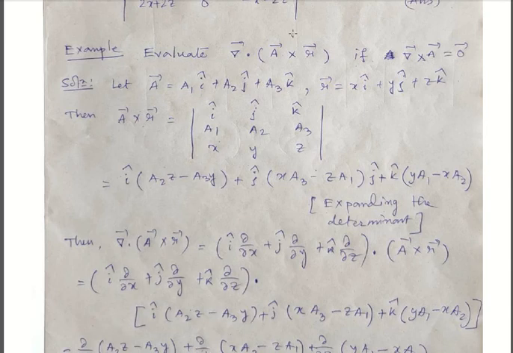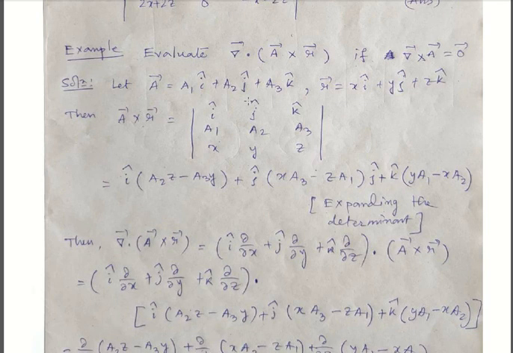And R is any arbitrary vector. We know any arbitrary point vector can be written like this: x i plus y j plus z k. And any arbitrary vector function can be written like this: A1 i, A2 j and A3 k, where A1, A2, A3 are functions of x, y and z.